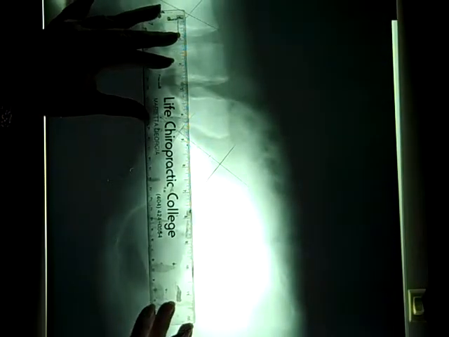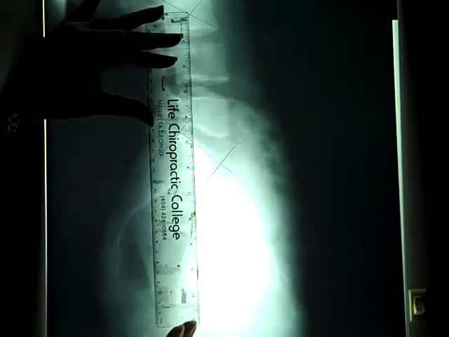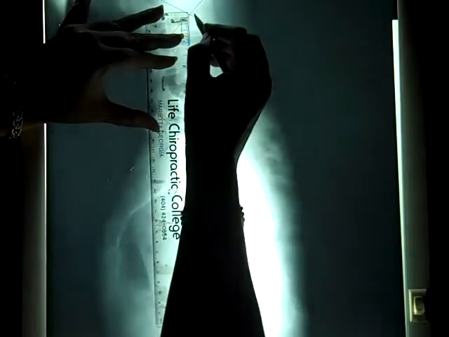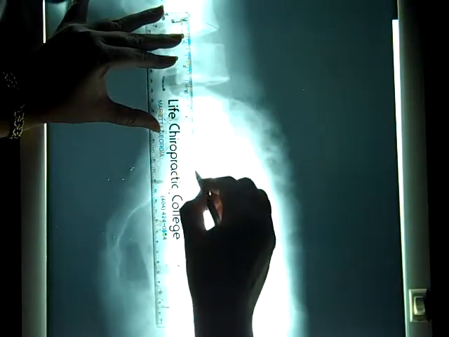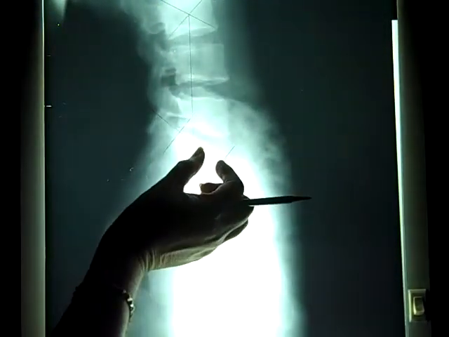And parallel to the side of the film, which I'm going to use the bottom of my film and run perpendicular, you want to drop a line that is vertical or parallel to the side from the midpoint of the X. Now, this line should cross the anterior 1/3 of the sacral base.